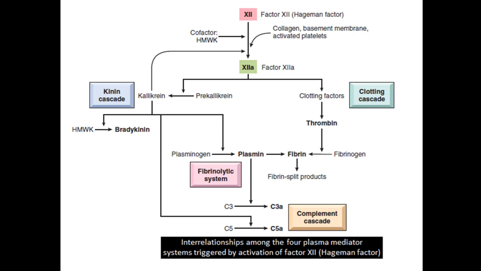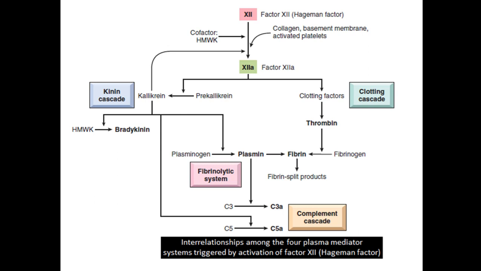So in this slide, we can see that the Hageman factor, or factor 12, causes the formation of thrombin from prothrombin in the intrinsic pathway of coagulation. And now this thrombin converts fibrinogen into fibrin. Now this fibrin should be lysed into fibrin degradation products, which we call D-dimers.